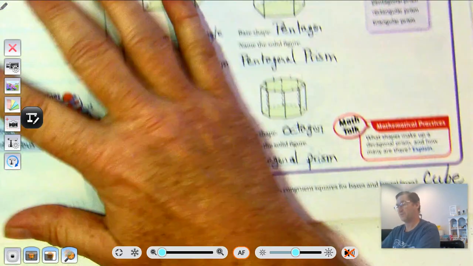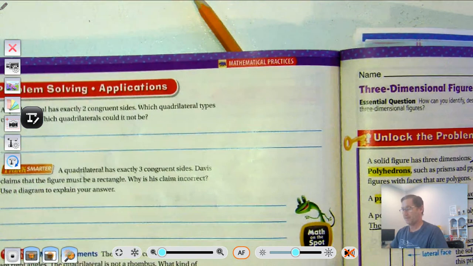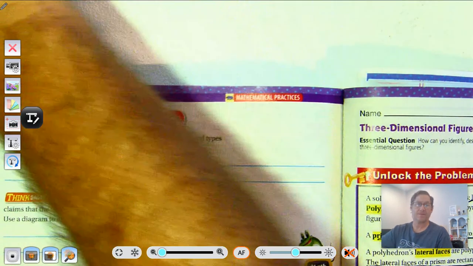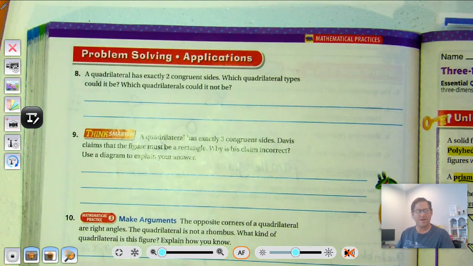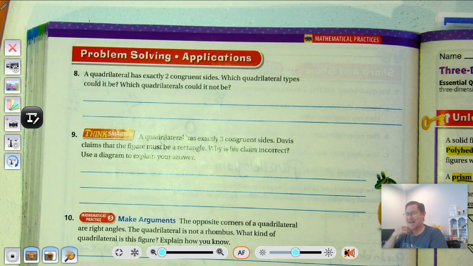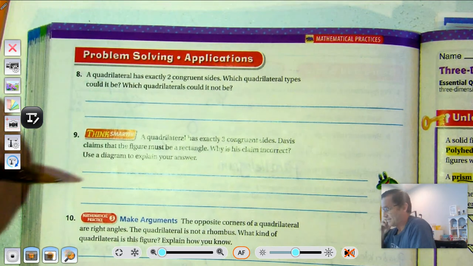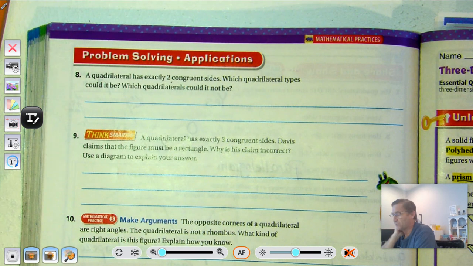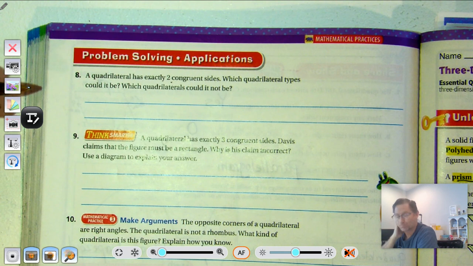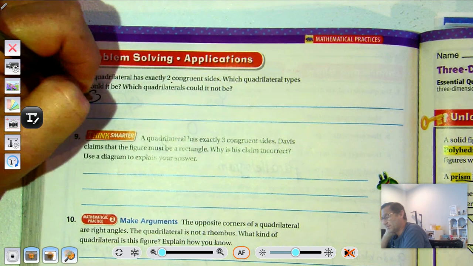All right, page 476. Number 8. A quadrilateral has exactly 2 congruent sides. Which quadrilateral types could it be? And which quadrilaterals could it not be? Well, it could be a quadrilateral.